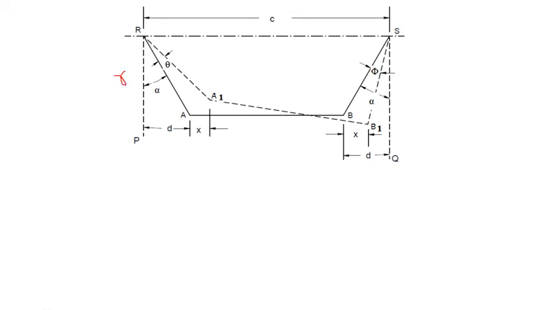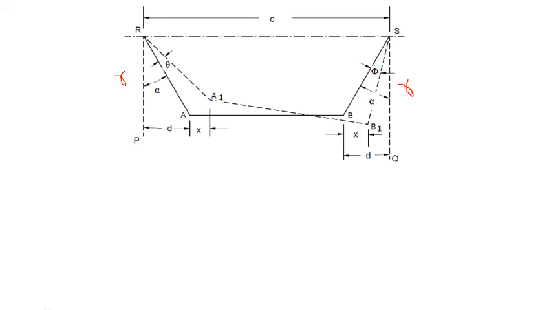Angle PRA equals angle QSB equals alpha, that is, when the vehicle is moving in a straight position ahead. In the turned position, angle A R A dash, that is A A1, equals theta, and B S B1 equals phi. That is, the stub axles of the inner and outer wheels turn by theta and phi angles respectively.